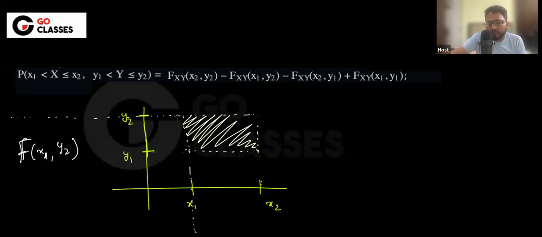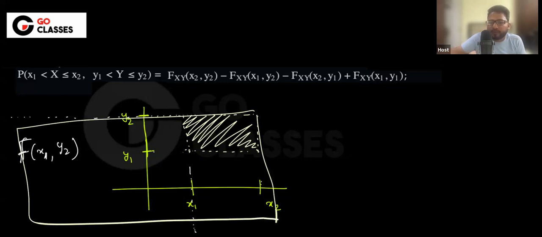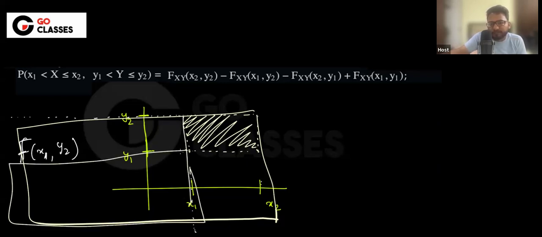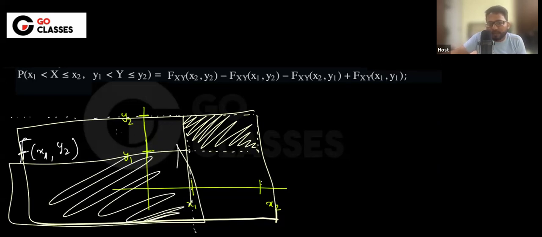Now you can do x2, y2, the complete x2, y2, and from this you can subtract x1, y1, till this point. If you remove this, then this one is remaining, and this one is also remaining to remove, right? So how to remove this one?